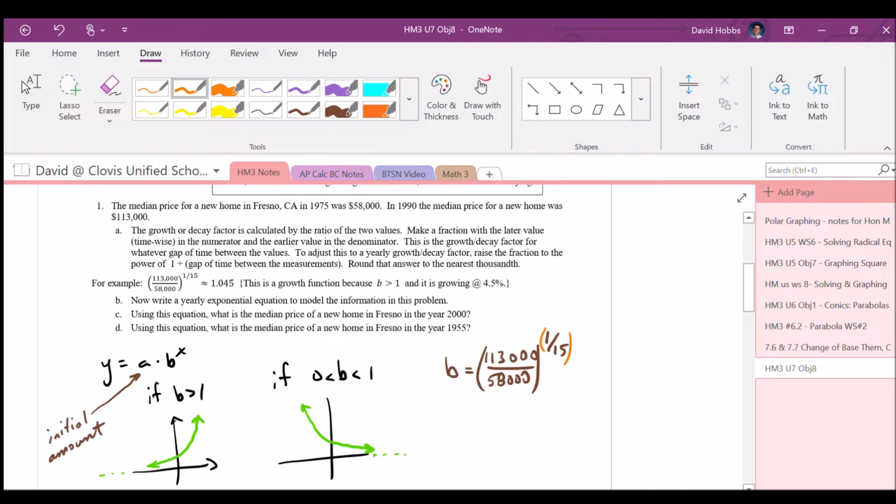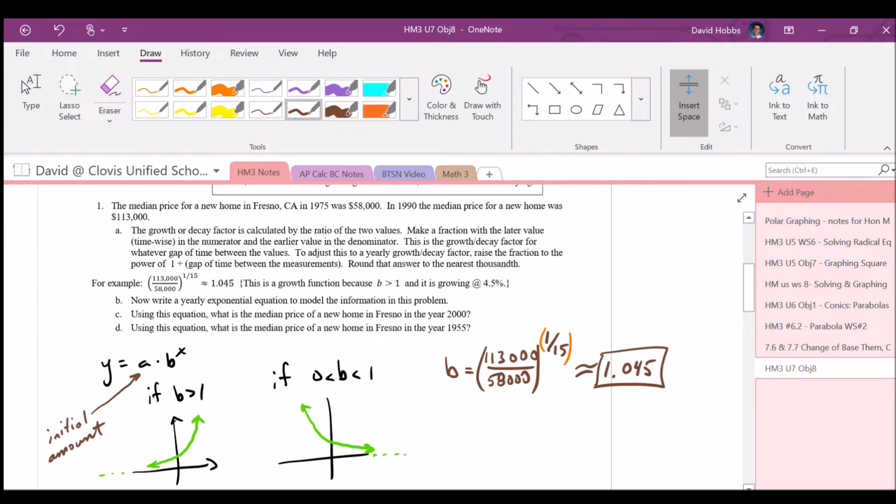This is approximately, rounding to the nearest thousandth, 1.045. Notice how it's greater than 1, which makes sense because the first data value is 58,000 and the second is 113,000, so it is growing. So it should be greater than 1.